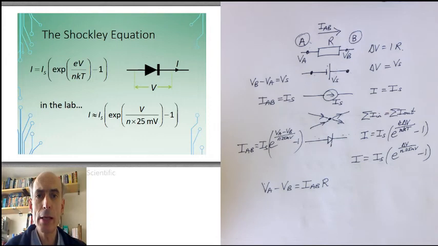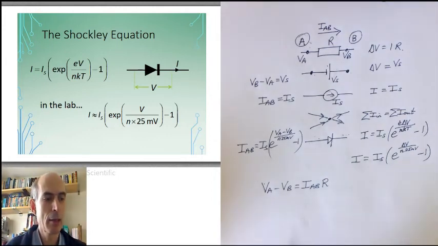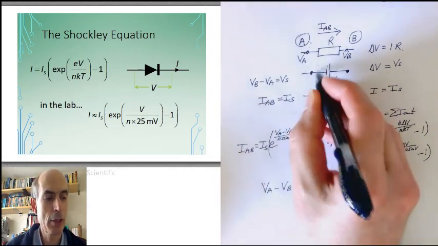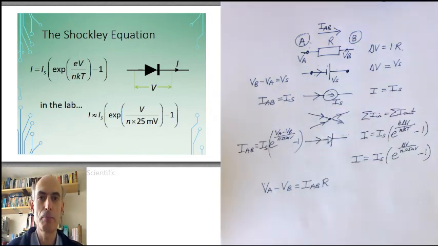But do take care, because this is the thing that tends to go wrong. And the best way to make sure it doesn't go wrong for you is to draw out the circuit diagram, label the nodes carefully, and draw arrows to indicate which direction all of your currents are flowing in.